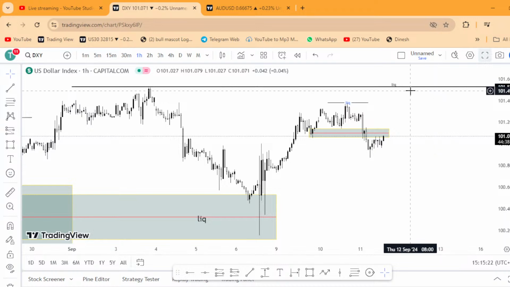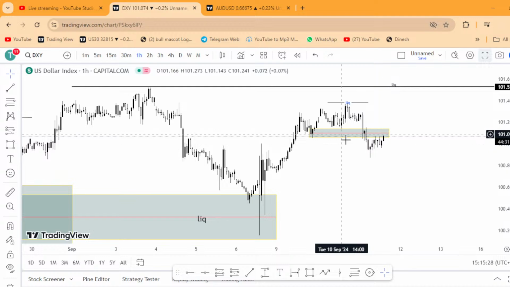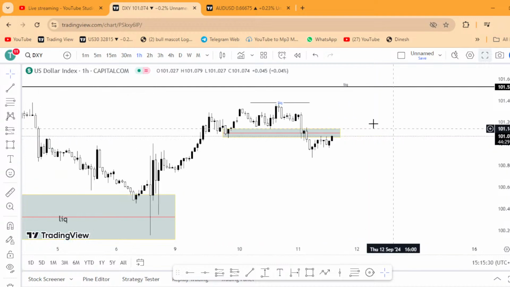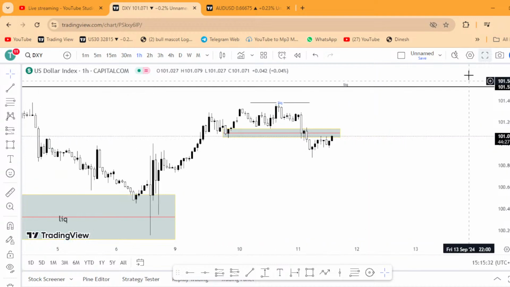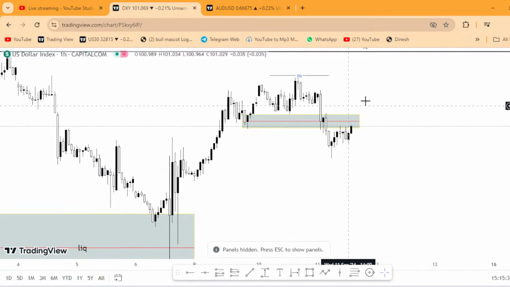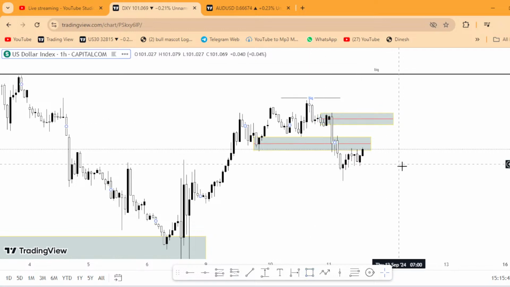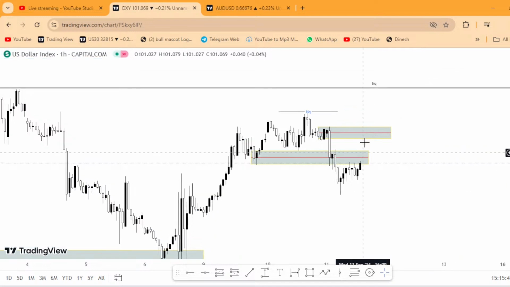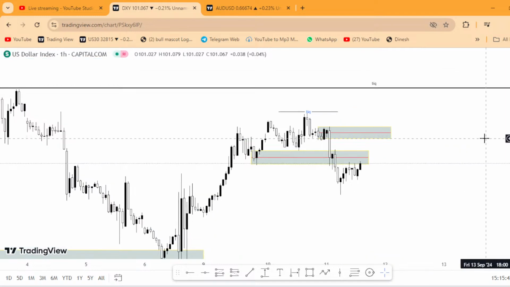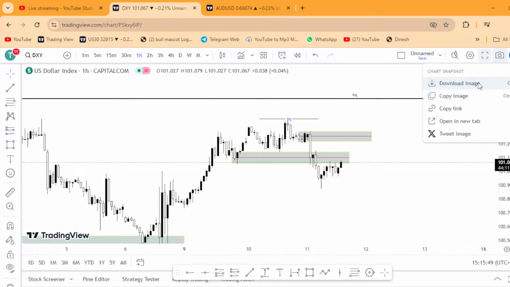Why would I tell you that? Because there is some imbalance that was left here, and we really don't know if the market is going to fill it and tap into that zone, or push down.